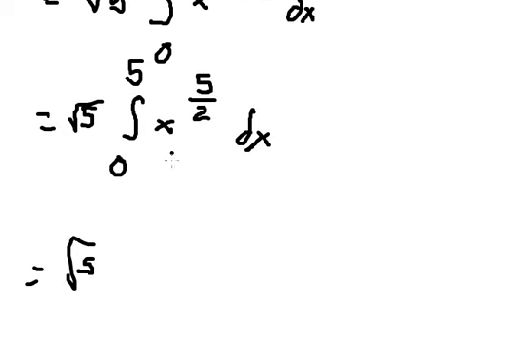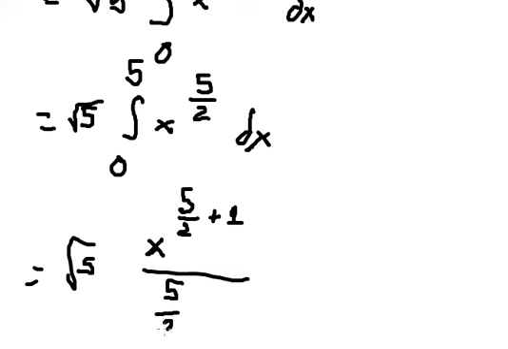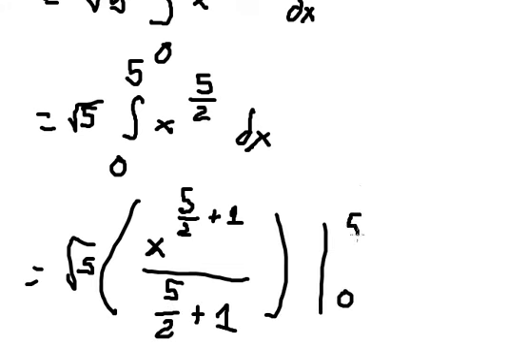The integration of this one, we have s to the power of 5 over 2 plus 1, over 5 over 2 plus 1. And we put the bounds from 0 and number 5.